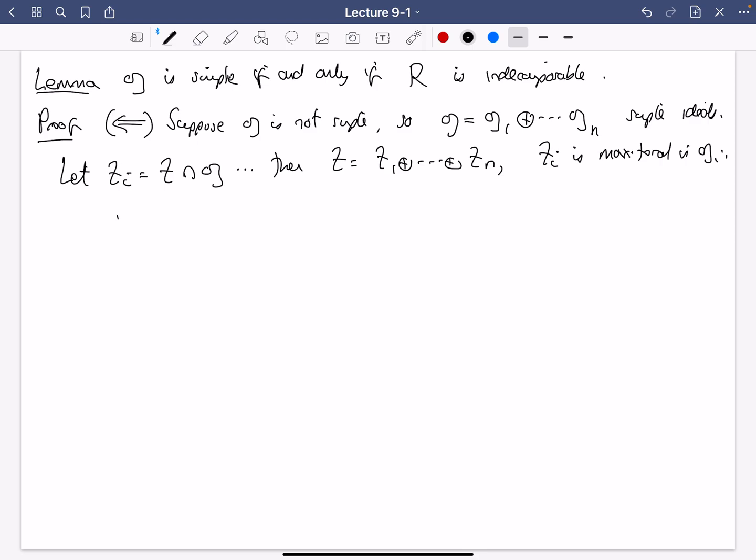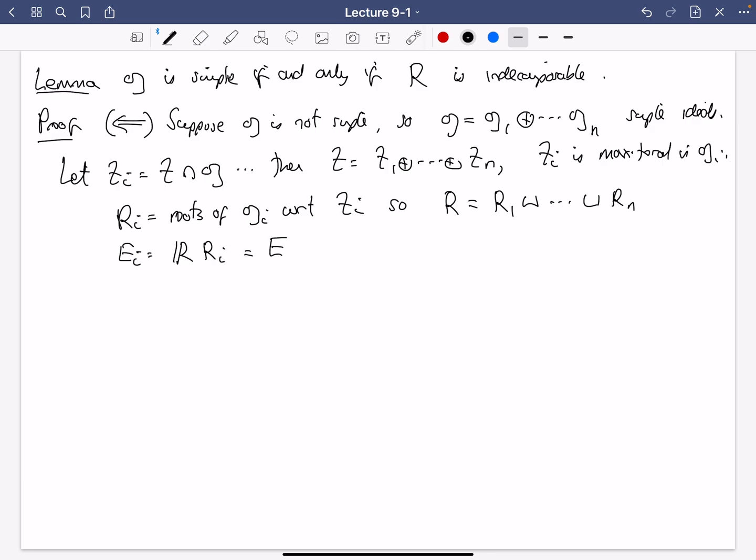And then you let Ri be the roots of Gi with respect to Ti, and that naturally embeds into R. So the whole root system is then just the disjoint union of those. And you let Ei be the R-span of Ri. So that's the Euclidean space E just intersected with Ti star.